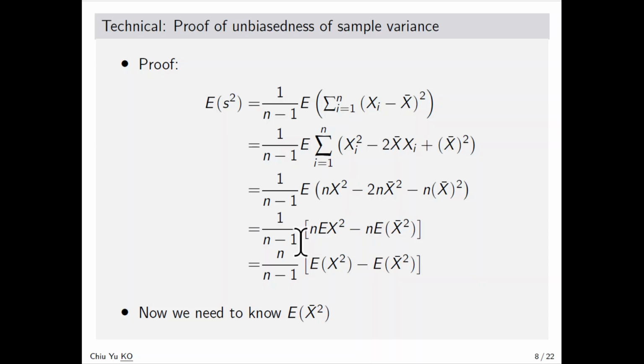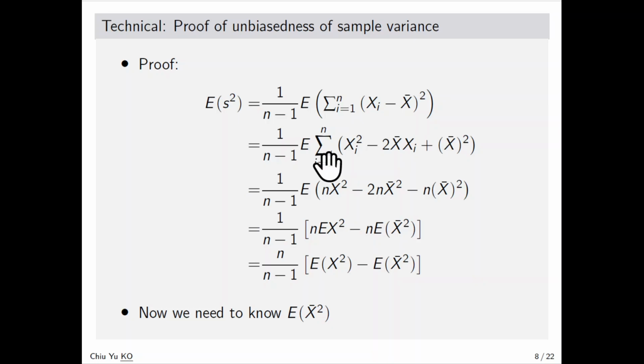What we know is s squared is 1 over n minus 1 times this sum, so we take out 1 over n minus 1, and this summation we can just expand.